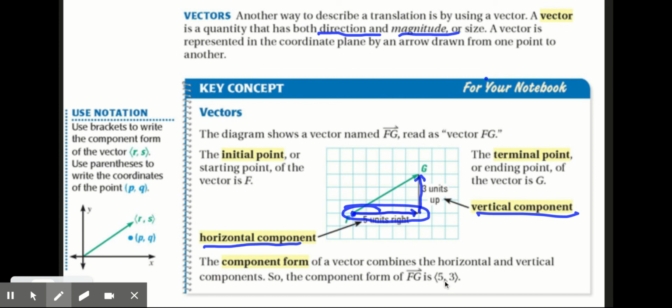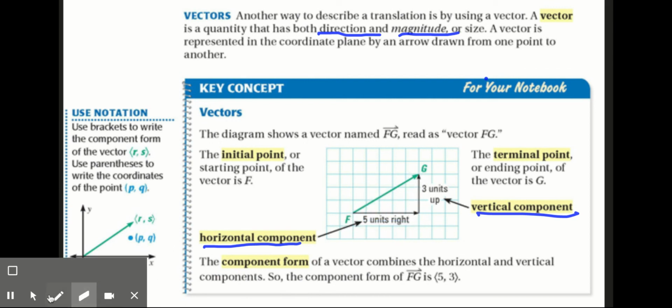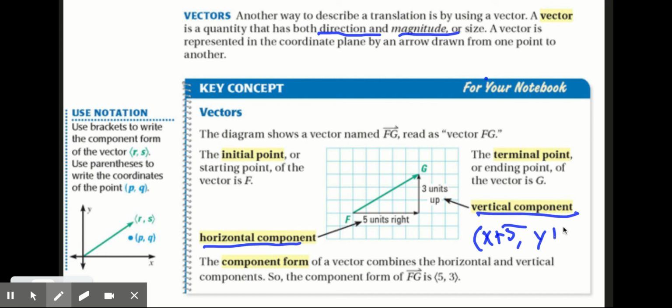But we learned this awesome little new way to write vector rules, where instead of saying (x plus 5, y plus 3) with the parentheses, you use brackets and go <5, 3>. And this and this are the same thing. It's a nifty little new way to write about things that will definitely be a big part of this chapter.